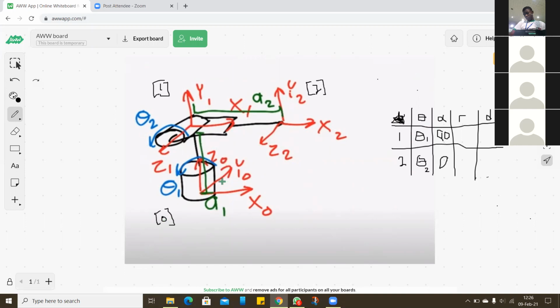Alpha is the rotation of frame n minus 1 to frame n, which is 1, along xn, not xn minus 1. R is the displacement between these two frames along xn. Xn here is x1.